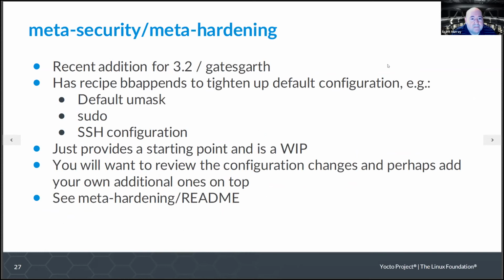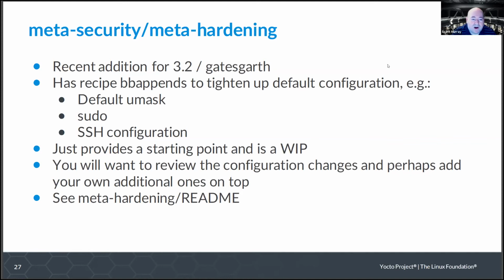The meta-hardening layer that I mentioned as a recent addition went in for Gatesgarth, the new 3.2 release that's coming. It has some bbappends to tighten up configurations on things. It makes the default umask stricter, removes write permissions from users and groups, blocks sudo as root, and cuts out some of the default SSH configuration that's not particularly secure.